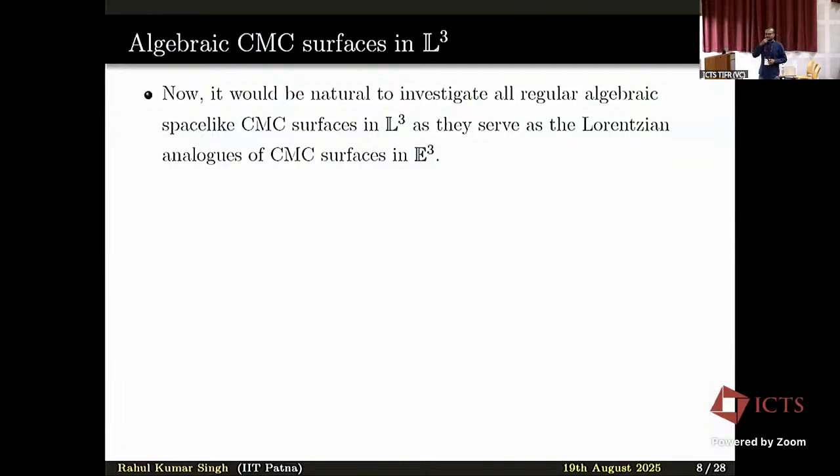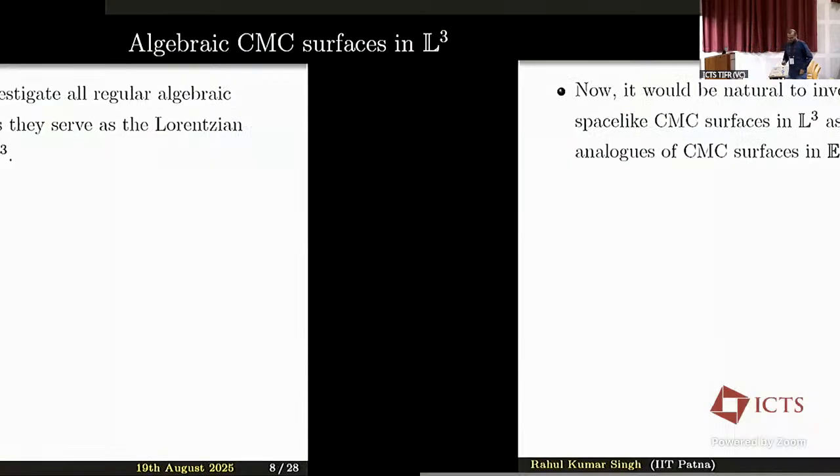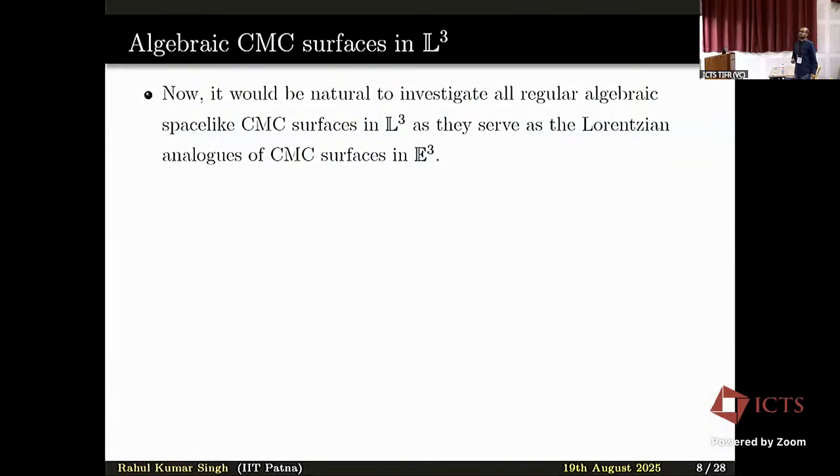I have already explained what space-like means. Space-like CMC immersions are analogous to the CMC surfaces in E3 because the induced metric is Riemannian. So it would of course be a natural question to investigate all regular algebraic space-like CMC surfaces in L3, as we know that they are the analogues of the CMC surfaces in E3.